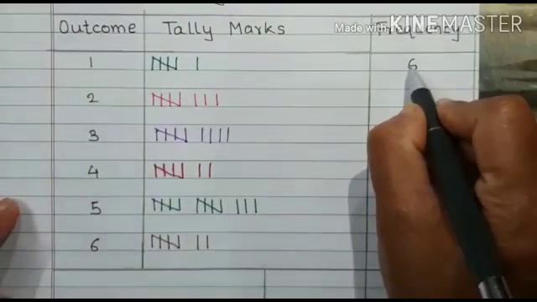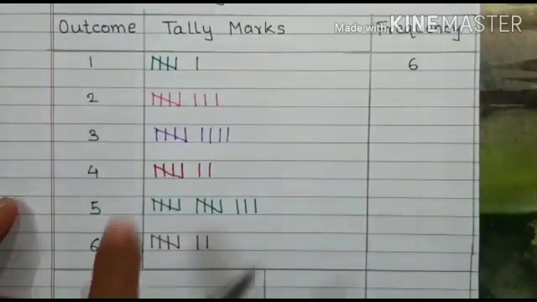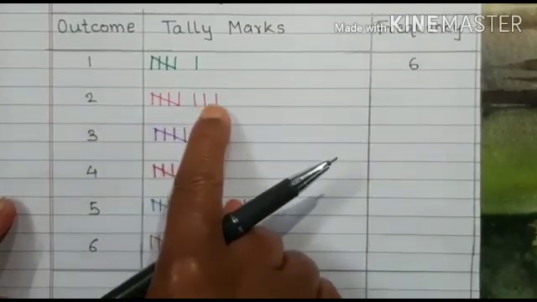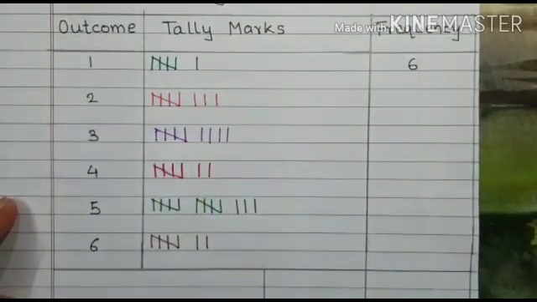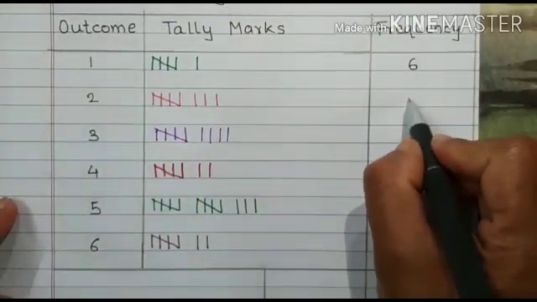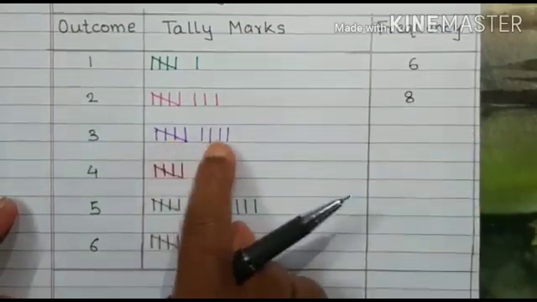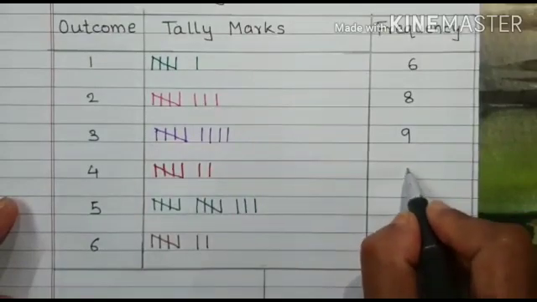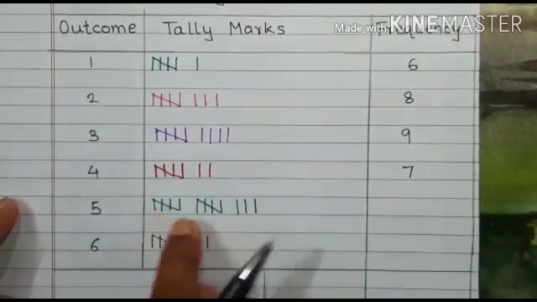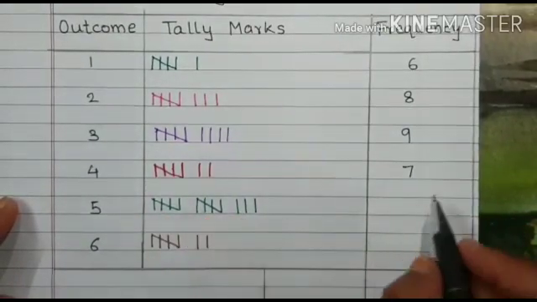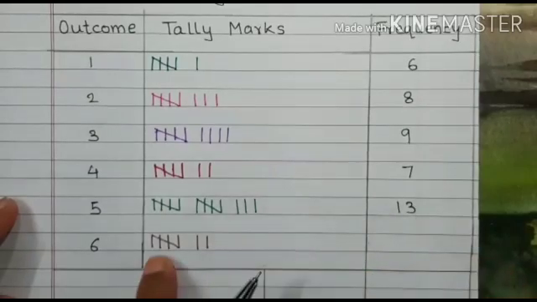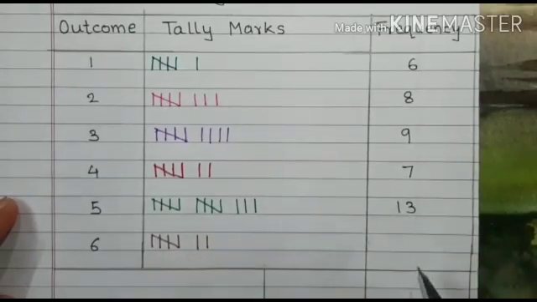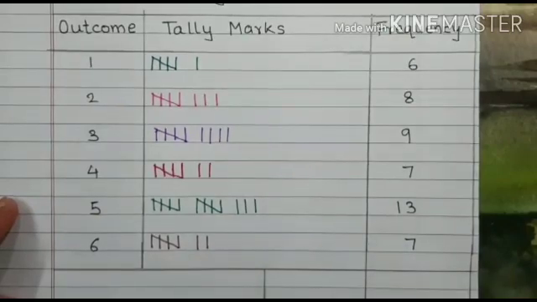So it is 6. For number 2 it is 5 and these 3 loose marks. So it is 5 and 3 is 8. This is 5 and 4 is 9. Here 5 and 2 is 7. 5, 5, 10 and 3 it is 13. And it is 5 and 2 again it is 7.